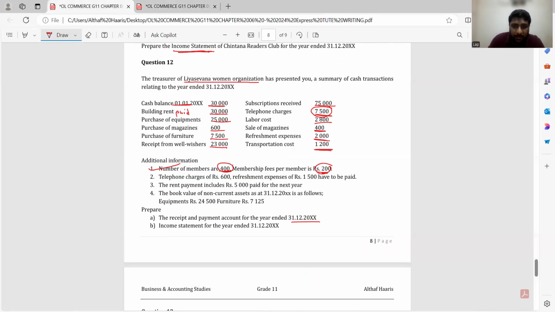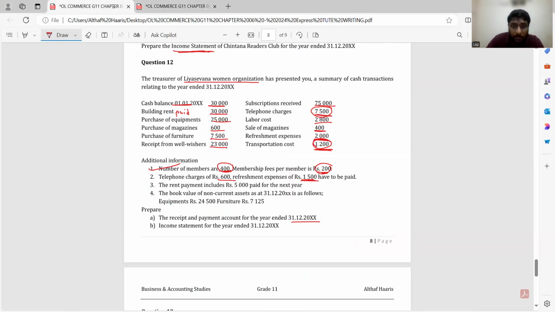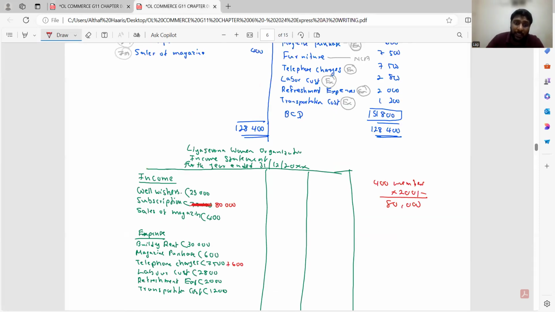Refreshment, sorry, 2,000 is what we paid. Another 1,500 we have to pay. So in total 3,500.